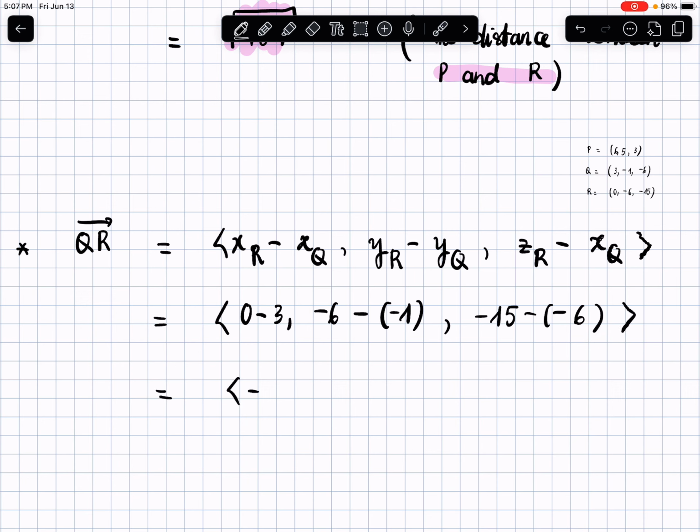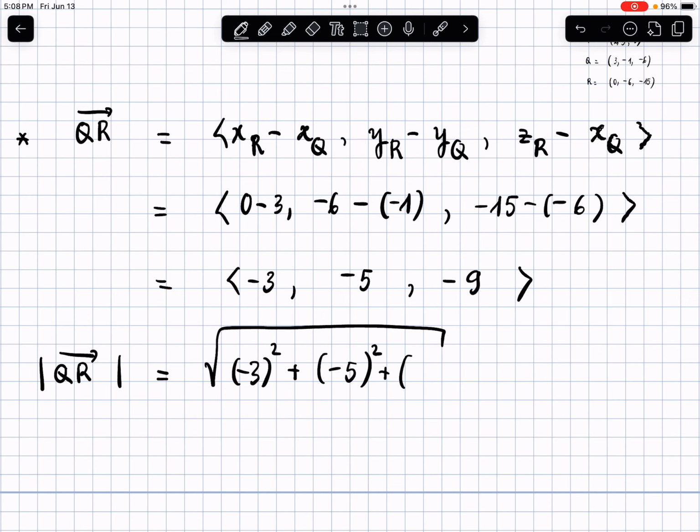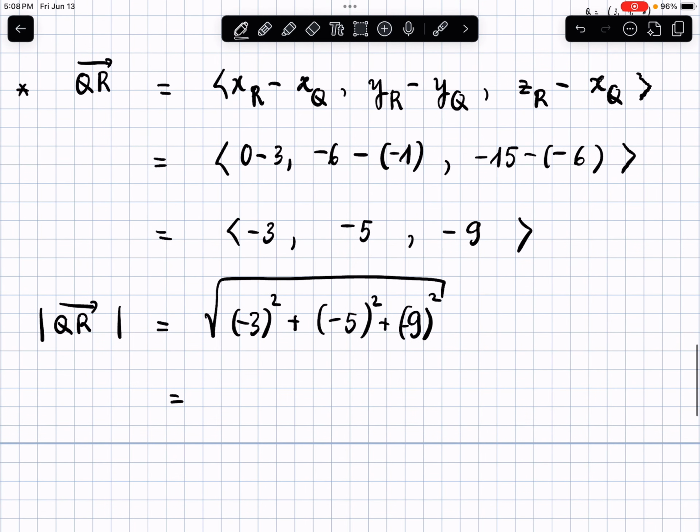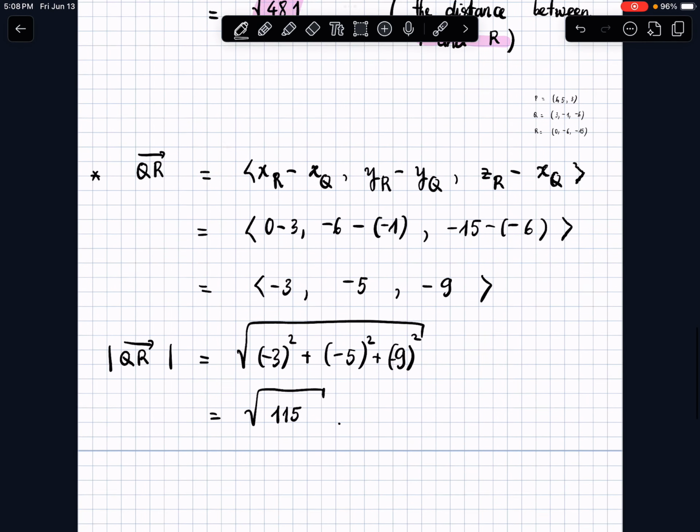So this is minus 3, minus 6 plus 1 which is minus 5, and minus 15 plus 6 which is minus 9. The length or magnitude of QR is the square root of minus 3 squared, minus 5 squared, minus 9 squared, which is the square root of 115. So this is the distance between Q and R.